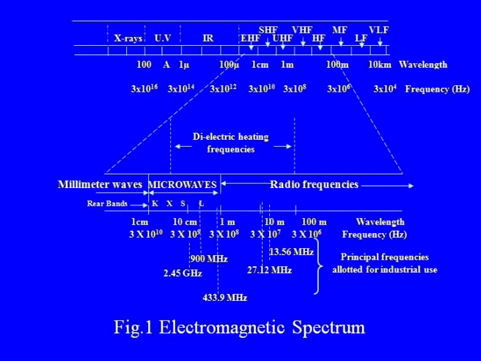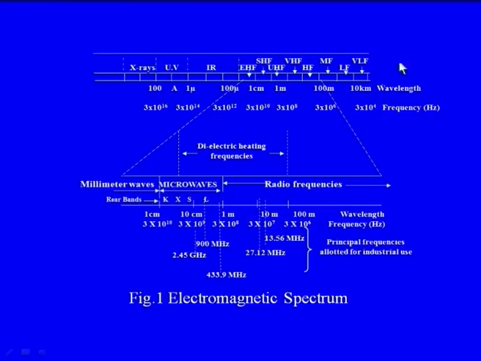This figure shows, as I was talking about, the electromagnetic spectrum. Here on the screen one can see the entire range of the electromagnetic spectrum, which can be divided into different useful forms.